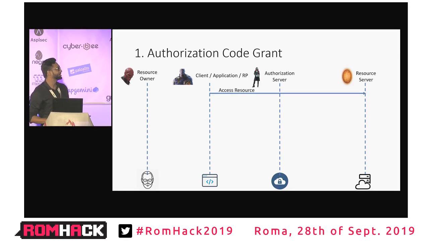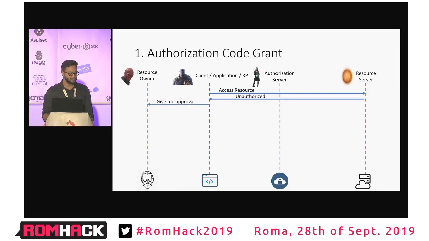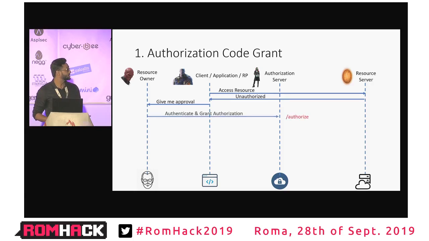So Thanos goes to the resource server and tries to access it, but he gets an unauthorized message. So Thanos, the client, now redirects the resource owner to the authorization endpoint on the auth server. Now here, the end user will accept this authorization. He'll grant the authorization and get back an auth code.